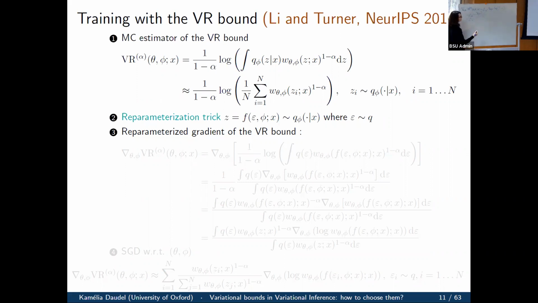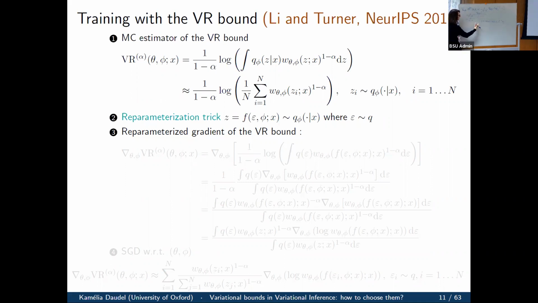Can everyone see, by the way, the quantity that I have with the Lotus rule? This is the reparameterized integral, and then I just want to have the gradient of this quantity.